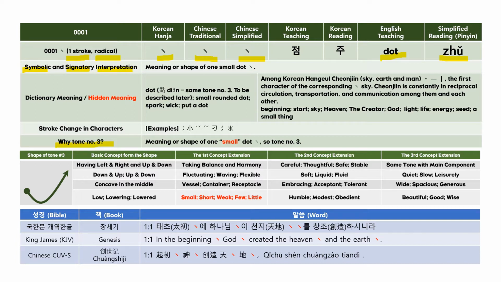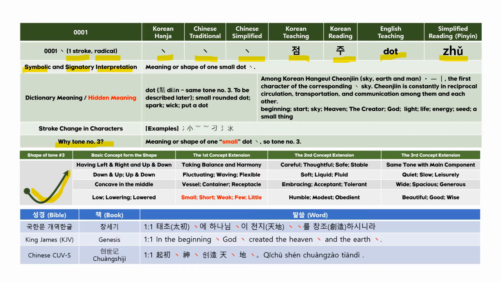In Korean, we read it ju, very similar pronunciation. In Chinese, zhu, just like this, the shape of the tone number 3. But in Korea, dot means jump, and we pronounce it ju.